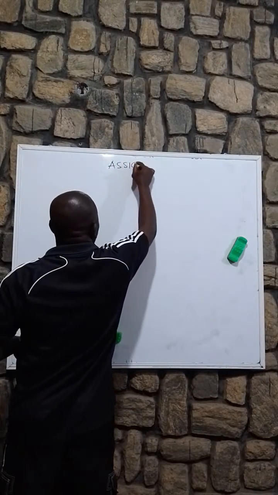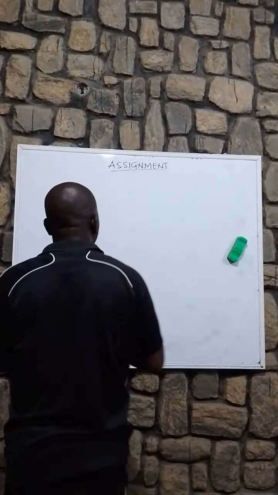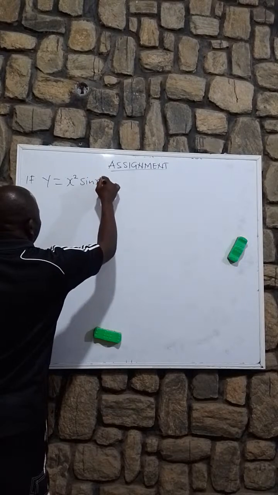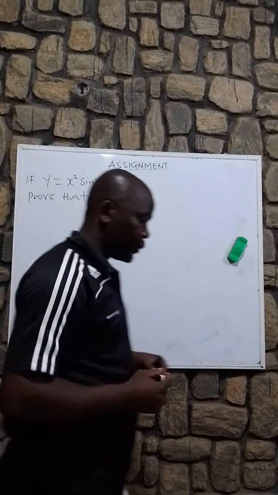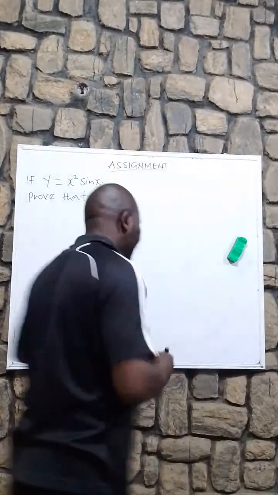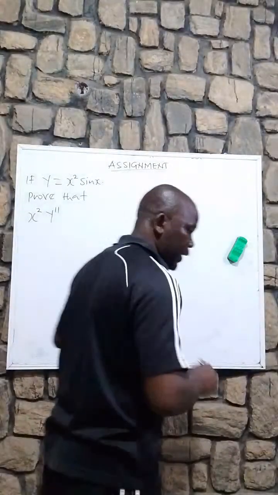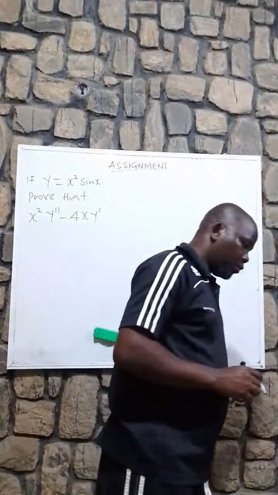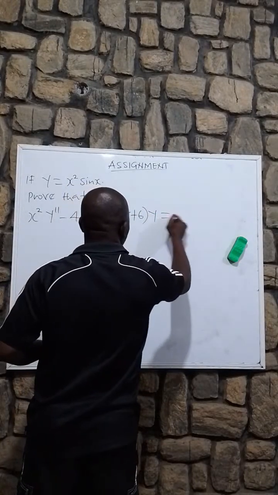If y equals x squared sin x, prove that x squared y double prime minus 4x y prime plus x squared plus 6 times y equals 0.